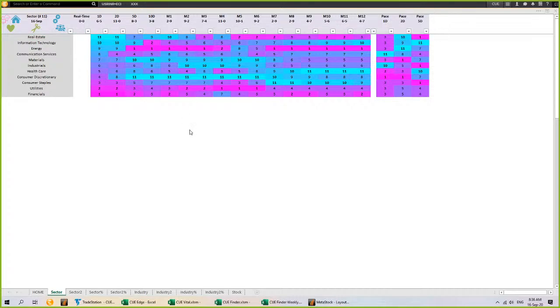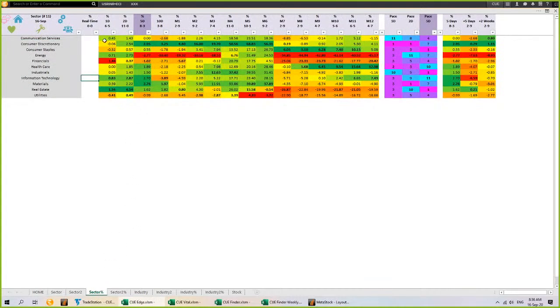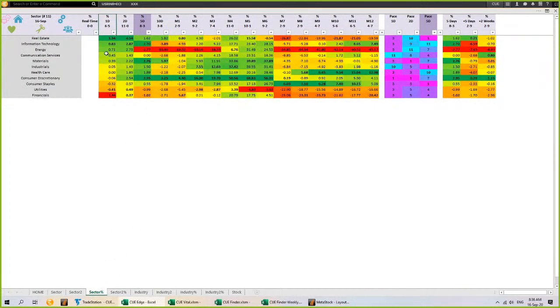If we want to know the actual percentage change, whether it actually went up or not at the sector level, we can find that out from the sector percentage tab. Again, I'm sorting by 1-day performance, and it went up yesterday by more than 1%, the only sector to go up by more than 1%.